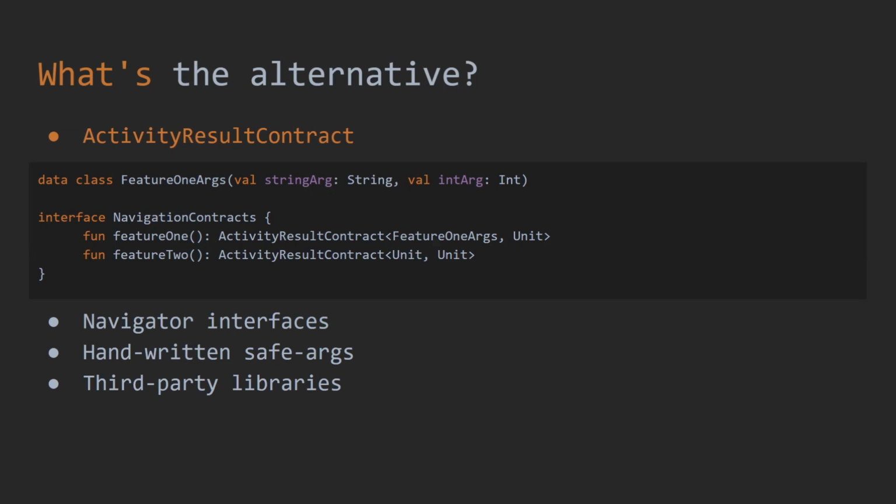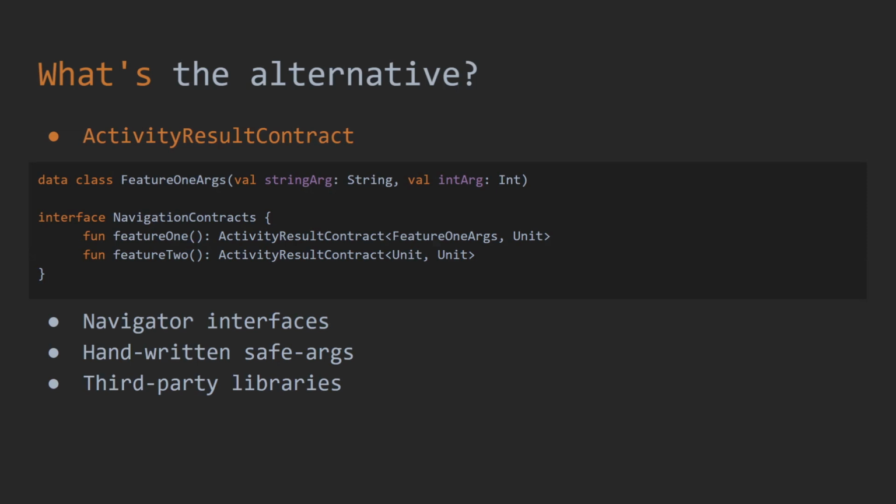You then define the actual implementations of these varied activity result contracts in your feature modules, and then implement the navigation contracts interface in your application module, using the activity result contracts from your feature modules as the objects that will be returned from these functions here.